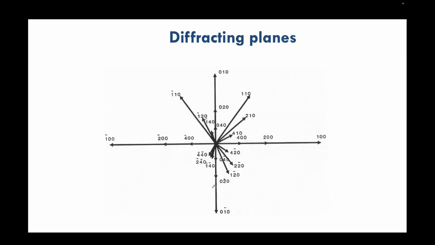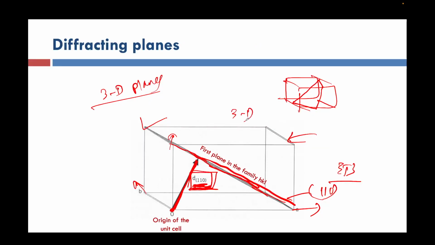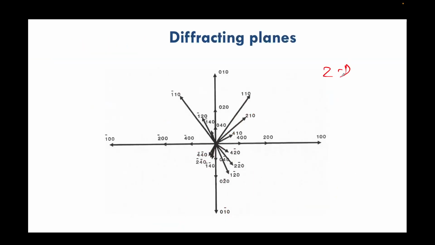But there comes another problem. When we represented all the three-dimensional planes as a two-dimensional figure by the magnitude of the interplanar distance from the origin, the vectors get dense near the origin.